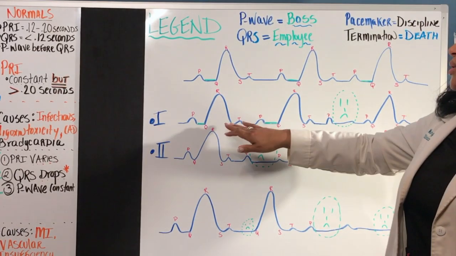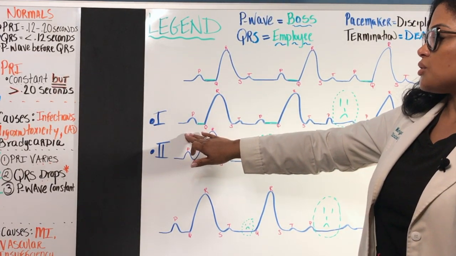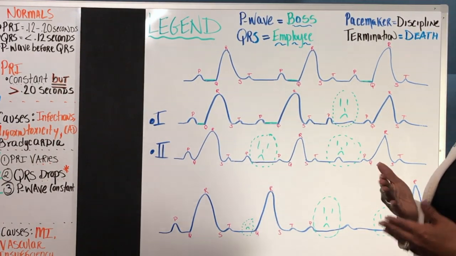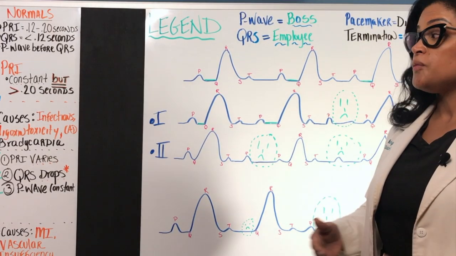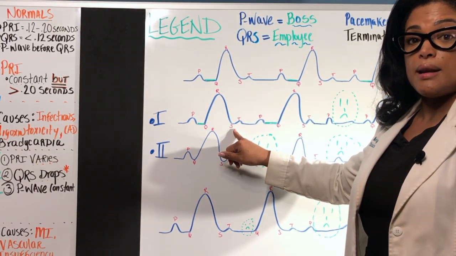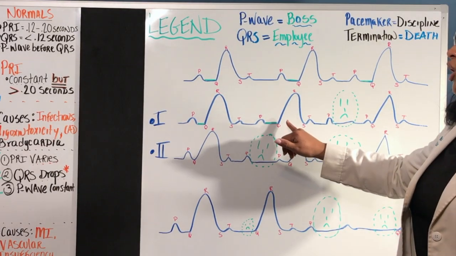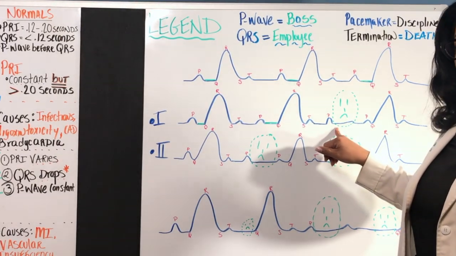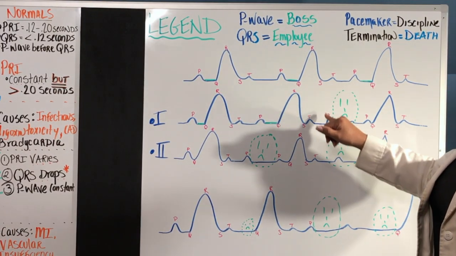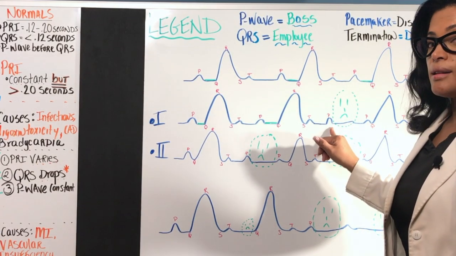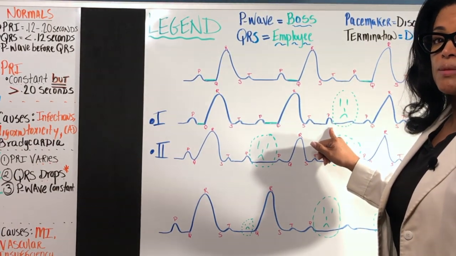So if we relate it to the type 1 in second degree, the boss is still at work every single day waiting for this employee to arrive on time, but instead the employee arrives on Monday at 9 instead of 8, on Tuesday at 10 instead of 8, and guess what? On Wednesday, he doesn't arrive at all. And what does that tell you? That the QRS complex does not happen because of this block.